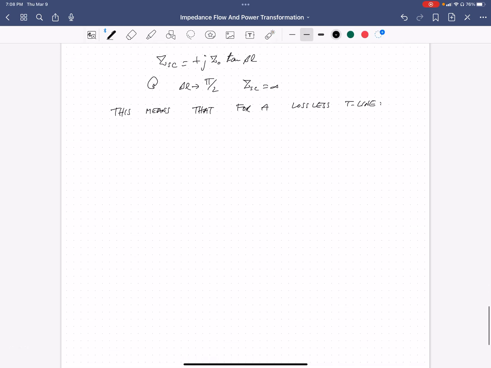So for that case, a short circuit load will look like an open circuit at some T-line length.